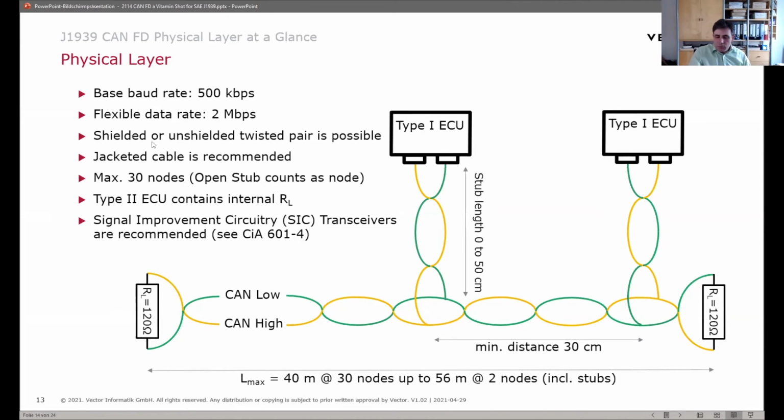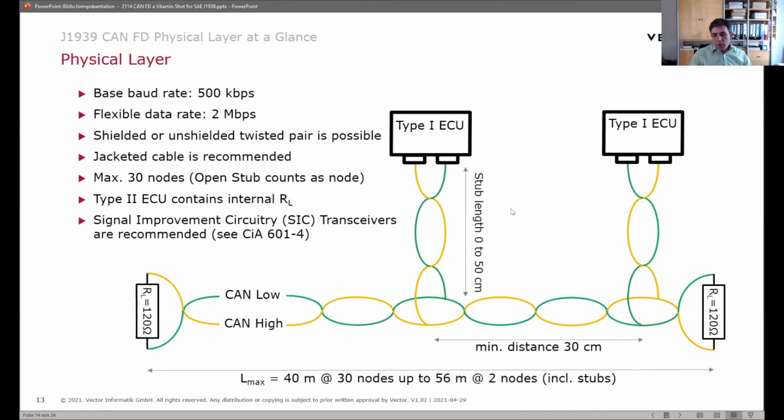You can use it with shielded or unshielded twisted pair. Both are possible. It is recommended that the cable has a jacket to maintain the twist of the cable over a longer time. And then we can use up to 30 CAN nodes on the data link.